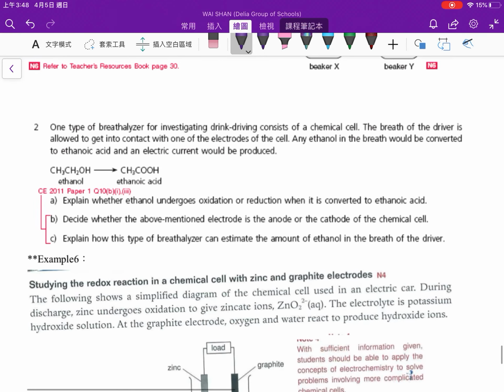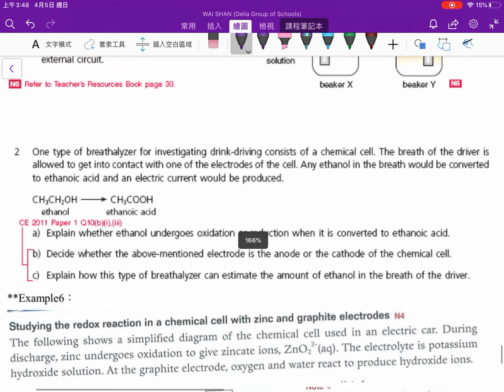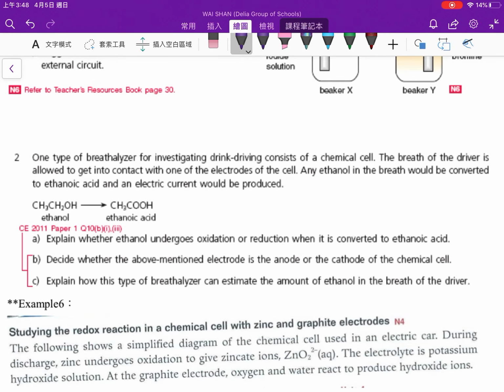And another difficult example is here, question 2.